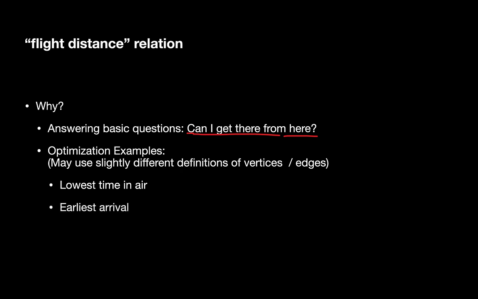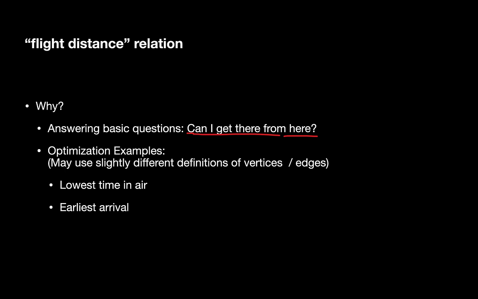We might be trying to get someplace with the earliest possible arrival. So maybe I know that I'm going to leave on Wednesday, and I want to arrive at a particular destination as early in the day as possible. So earliest arrival time. In this case, the edges may not represent flight times.